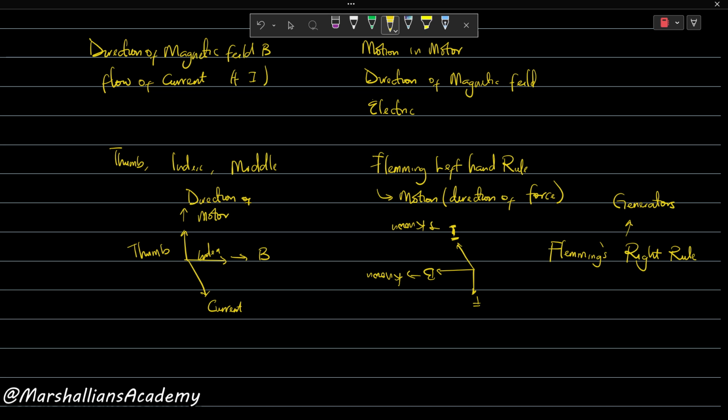So we are going to be using Fleming's right hand rule, and what it is trying to determine is the induced current. So for Fleming's right hand rule, what are the knowns? The knowns are force. So we know the motion, how the generator is moving, and we know the direction of the magnetic field.